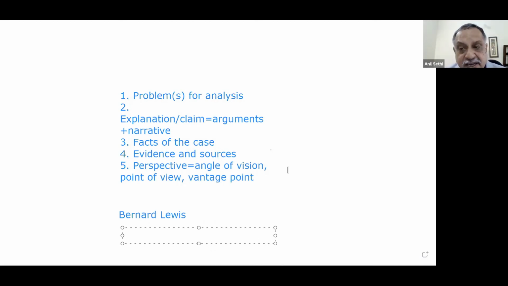And then they must debate the validity of these perspectives. This is sometimes called heteroglossia. So historians should practice what is called heteroglossia.